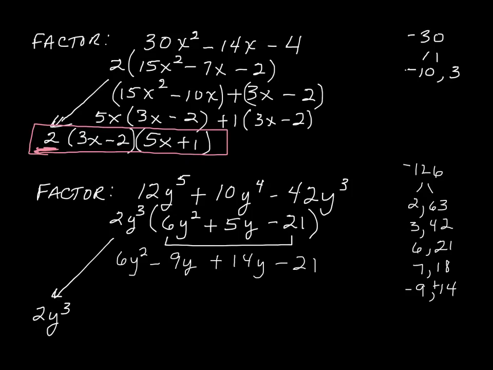Remember, you're breaking up the 3-term polynomial into a 4-term polynomial so that now you can group. I'm going to go ahead and group them since the positives are in a good spot. Factor out a 3y, and I'm going to have 2y minus 3. Factor out a 7, and I'll have 2y minus 3.